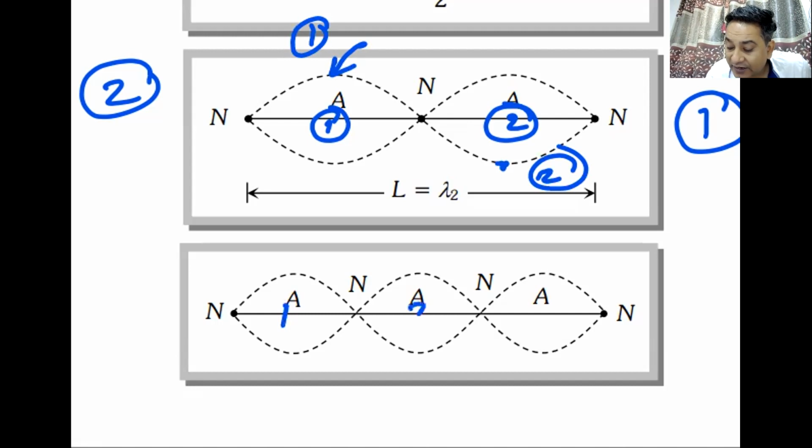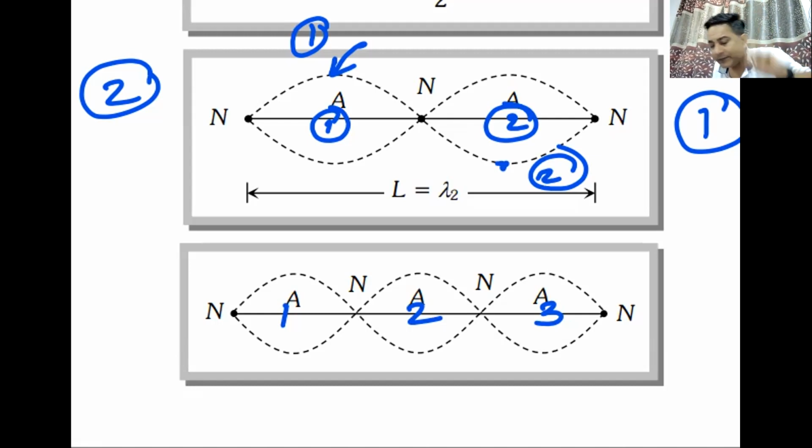Here in the second diagram, I see 3 segments. Particles in one segment are oscillating in the same phase. Particles in the second segment are oscillating in the same phase. Particles in the third segment are oscillating in the same phase. The only difference is between segment number 1 and segment number 2, they differ by a phase angle of pi.